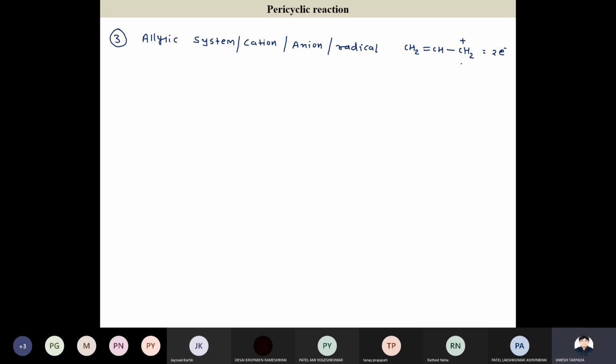If you put an odd electron here, it's an allylic radical, which has 3 pi electrons. This electron can take part in the resonance, so it is also called a pi electron. If you have an allylic anion, you have a negative charge here, so this is a 4 pi electron system. In this way, you can have different systems.